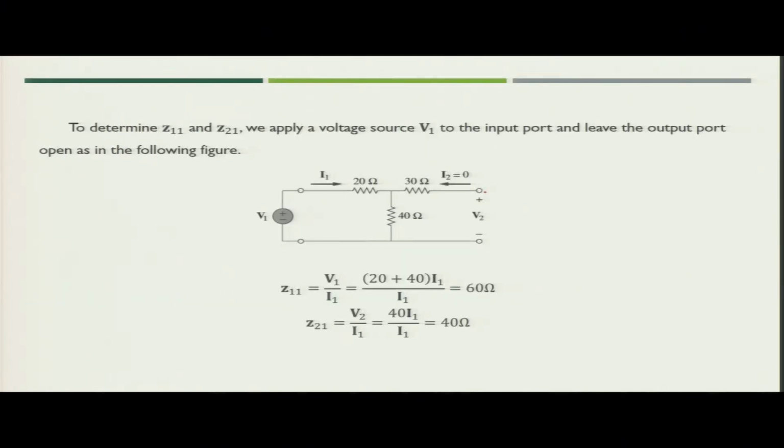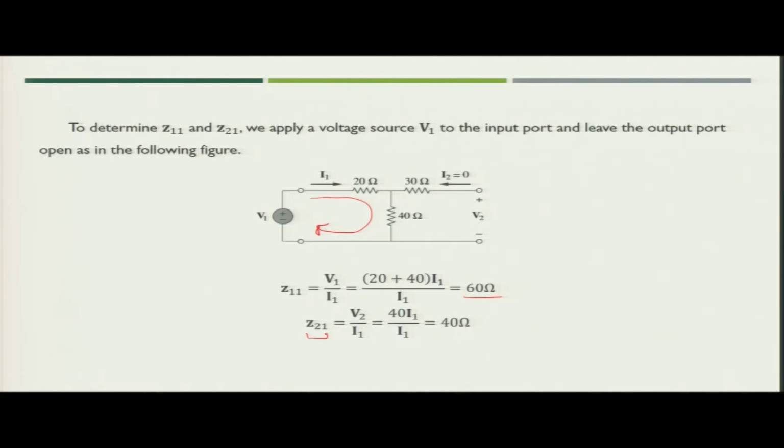So, what we are doing here? In the input port we are applying V1 voltage, and we will find out the current I1, while at the other end V2 is there, but current I2 is 0. Now, we know that Z11 can be represented as V1 upon I1. Since I2 is equal to 0, V1 would be nothing but 20 plus 40 I1, and then you divide by I1, you will get Z11 as 60 ohm.